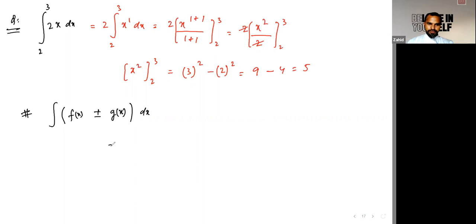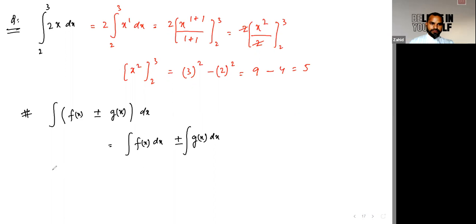According to this rule, just break this term individually. So it will be the integration of f(x) dx plus or minus the integration of g(x) dx. It means if we have the sum or difference of two different functions and you have to integrate it, just break the term and integrate each term individually.